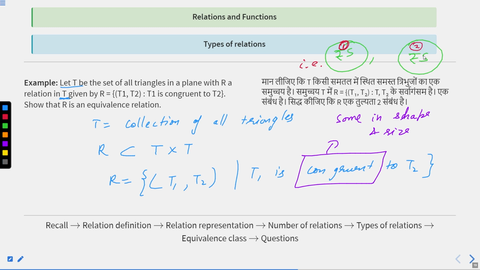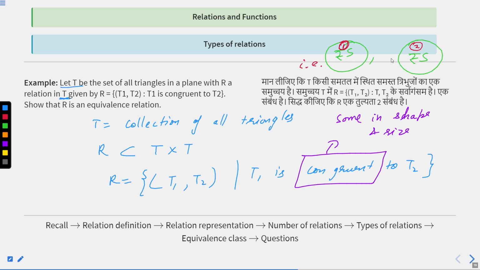I am naming them as 1 and 2. If you try to put the second coin over the first, the second coin will completely cover the first coin. If you try to do the same thing with the first coin, then your first coin will completely hide the second coin.